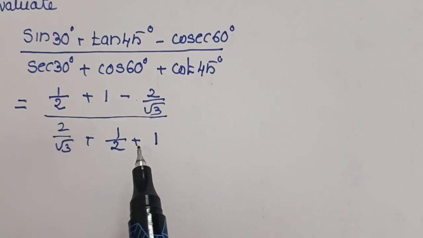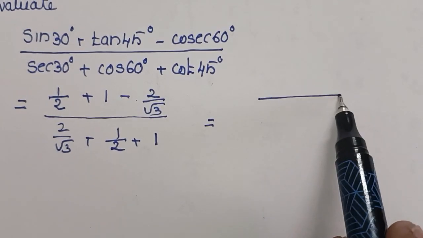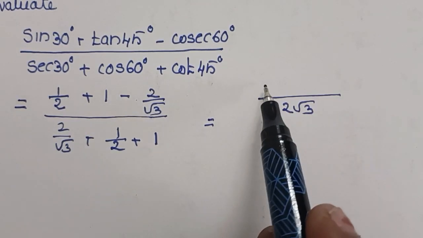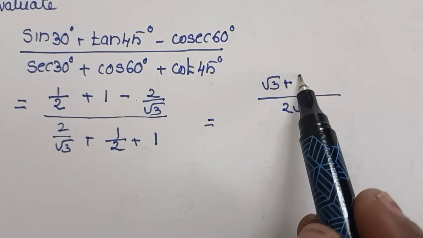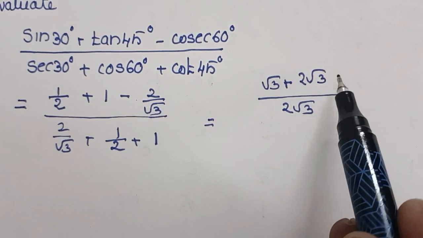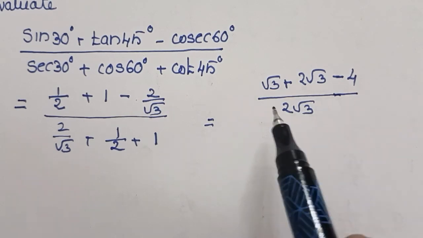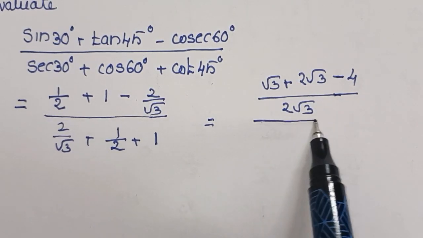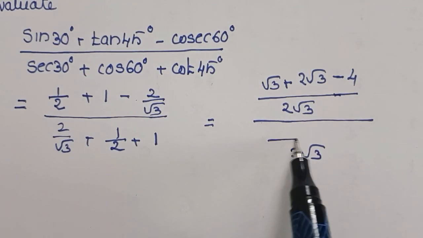Now taking LCM in numerator, the LCM is 2 root 3. First one into root 3, minus, plus 1 into 2 root 3, it is 2 root 3, minus 2 into 2, that is equal to 4. When you take the LCM, we get root 3 plus 2 root 3 minus 4 as numerator. Divide by denominator, 2 root 3 is the LCM.